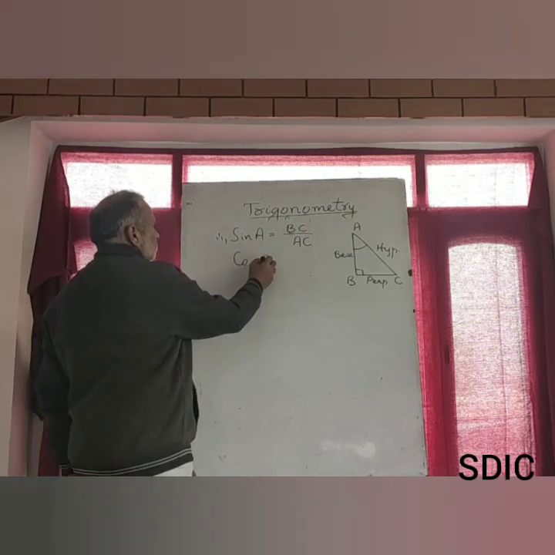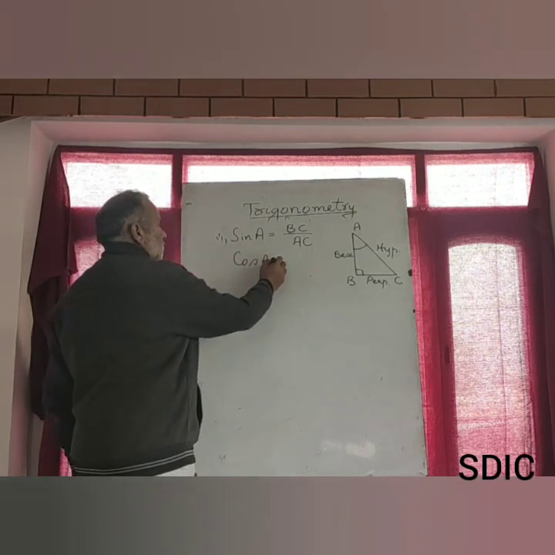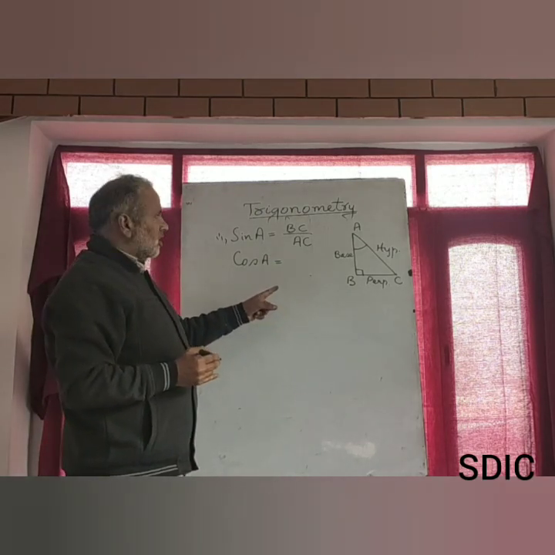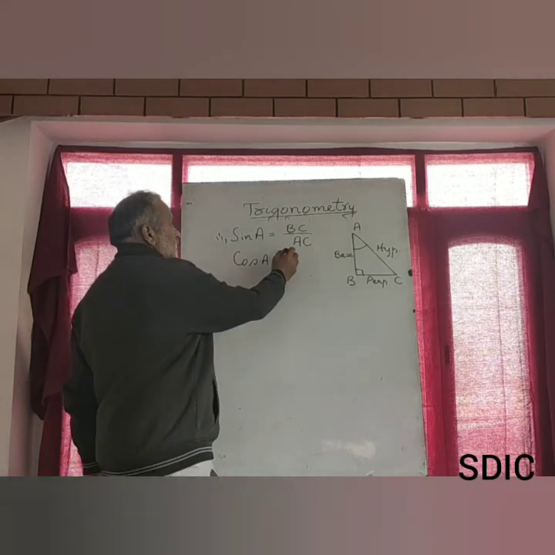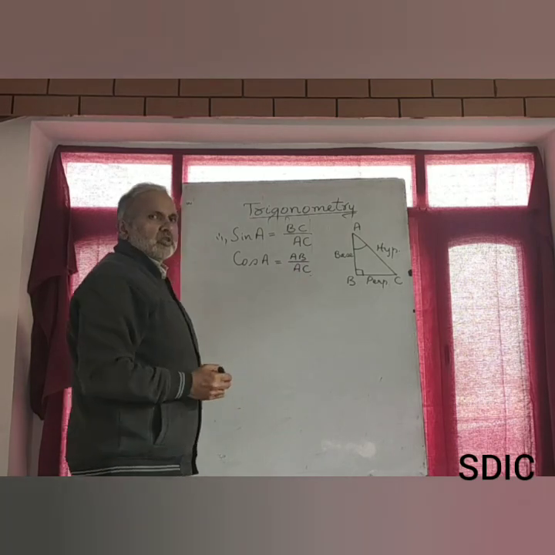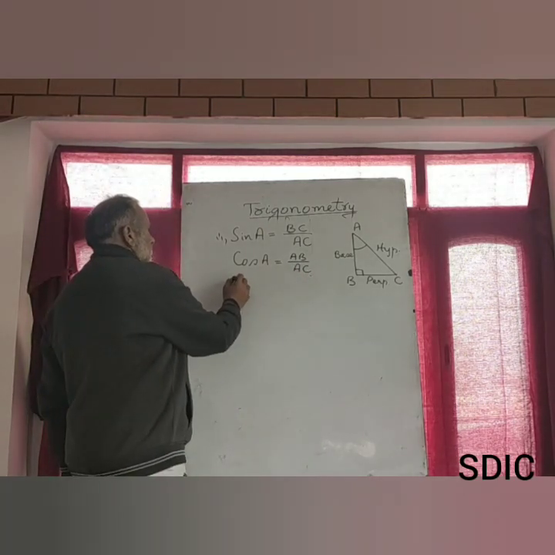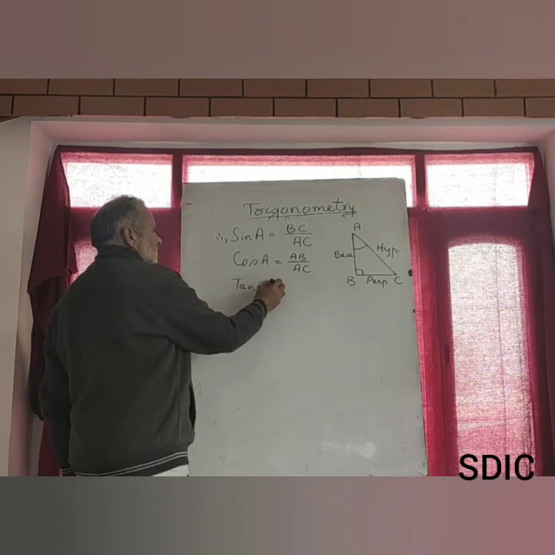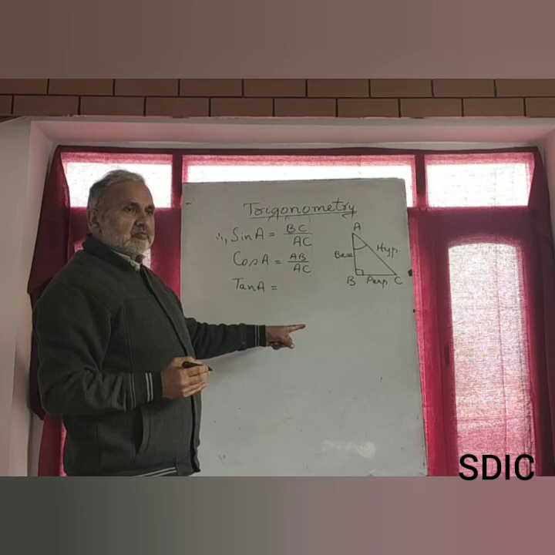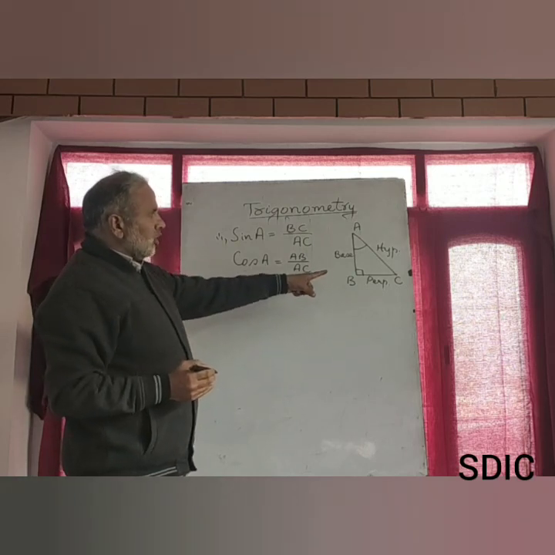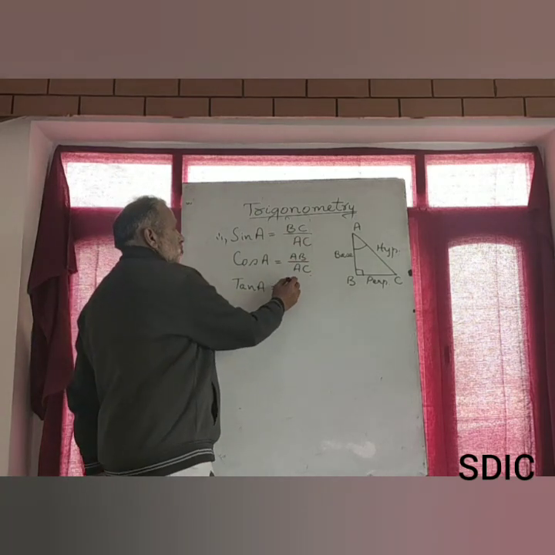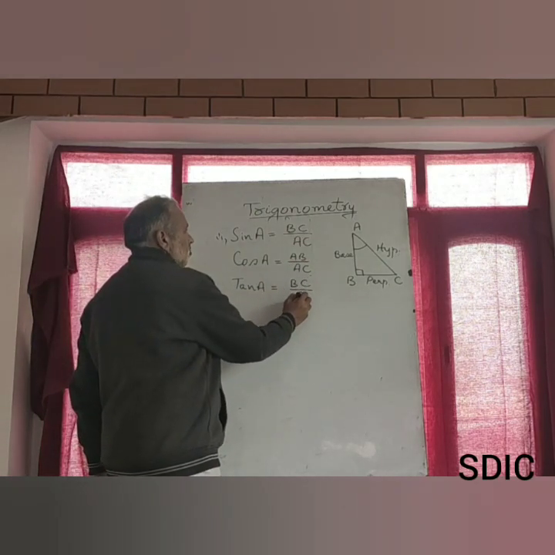Cos A is equal to, cos is defined as base by hypotenuse, and the base here is AB divided by AC, the hypotenuse. Tan A will therefore become, it is defined as perpendicular by base. BC is the perpendicular, AB is the base, so it will be BC by AB.